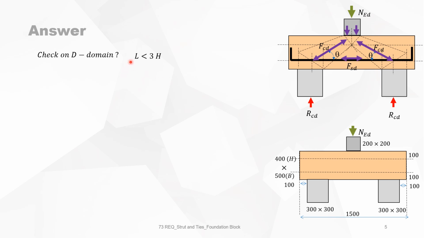That means that the effective length must be smaller than 3 times the depth of the foundation block. The effective length is the total length minus 300 of the pile minus 200 of those two pieces at the outskirts of the pile. So this is 1000 smaller than 1200, so this is okay. So we are in a D domain.